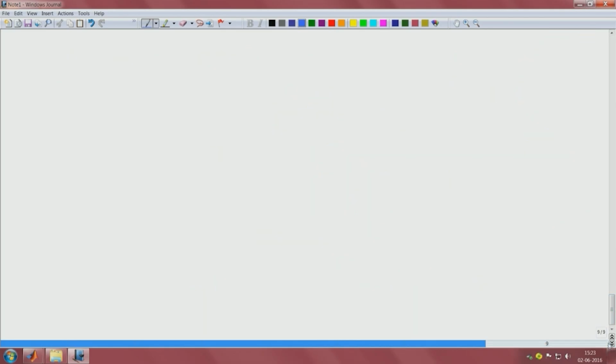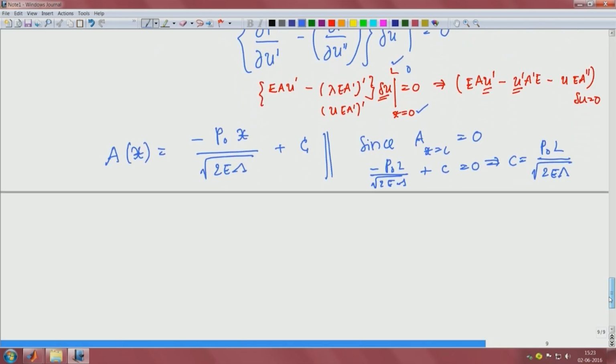Okay. Once we have this much, then we can go back to our volume constraint, integral 0 to L A dx, equal to 0, then sorry, that is not equal to 0, that is minus V star equal to 0.